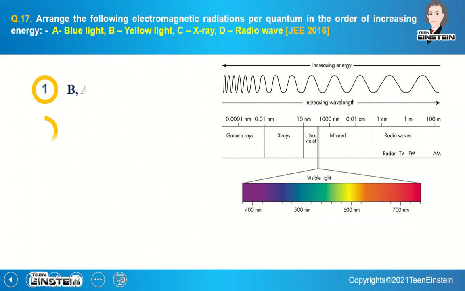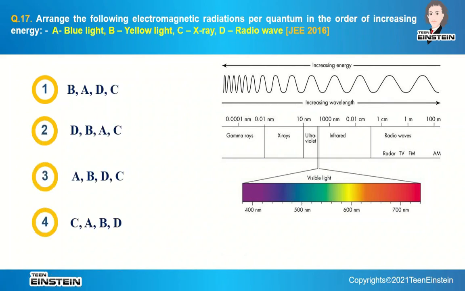Okay, so we'll move on with the next question. Arrange the following electromagnetic radiations for quantum in the order of increasing energy. A is blue light, B is yellow light, C is X-ray, and D is radio waves. As you see in the electromagnetic spectrum, you know that the energy is directly proportional to the frequency.